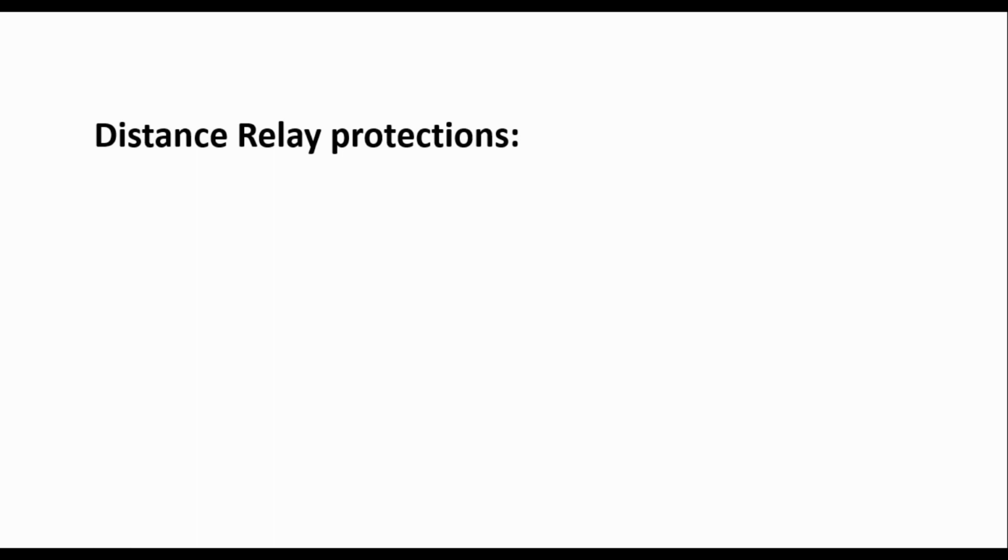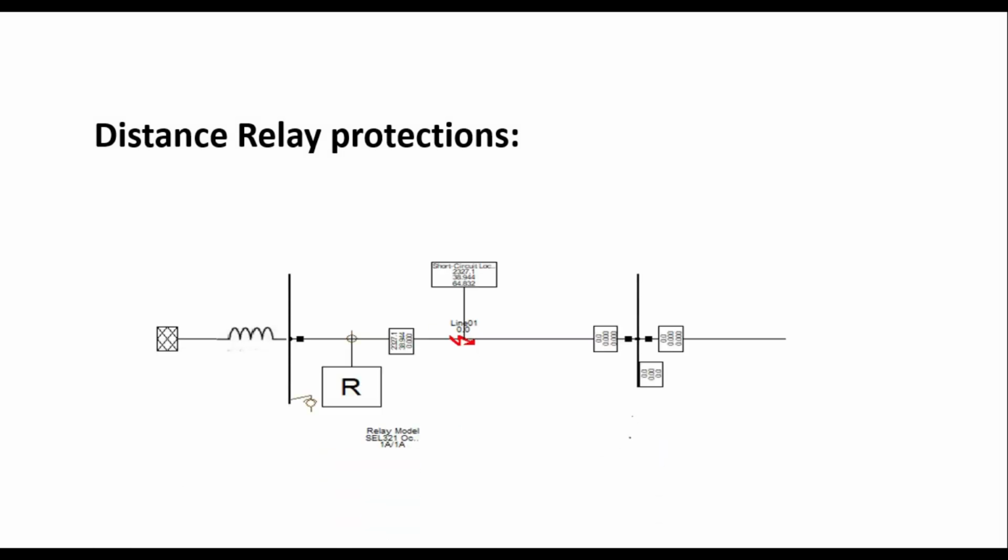So let's go to the typical arrangement of distance protection. For this type of relay, we have both current and voltage transformers, and it obtains signals not only from the current flowing in the line, but also from a potential transformer.